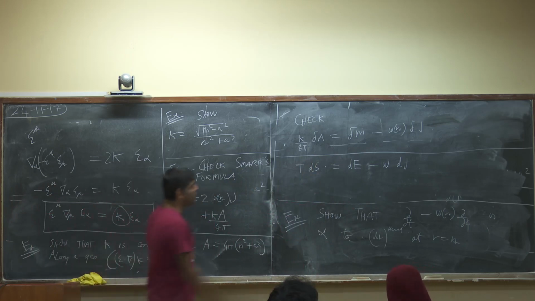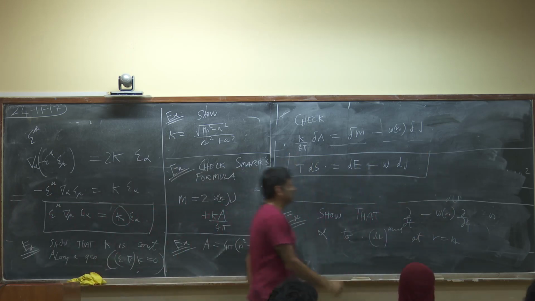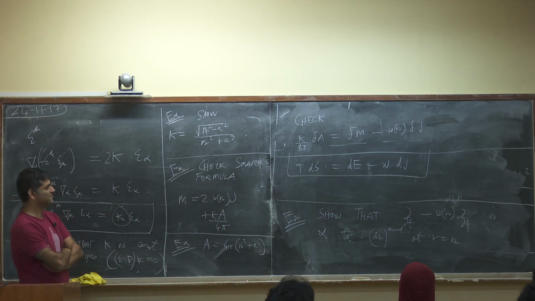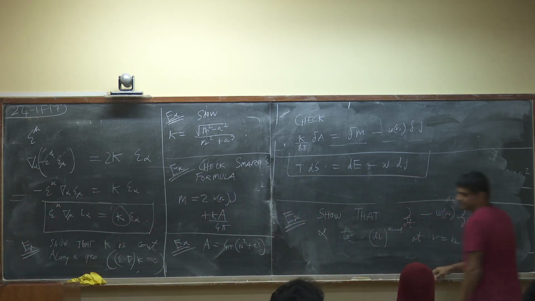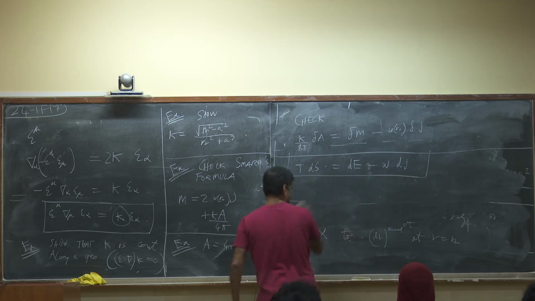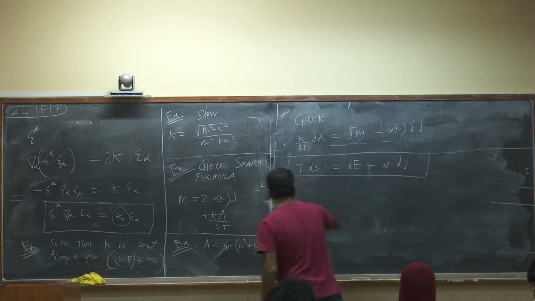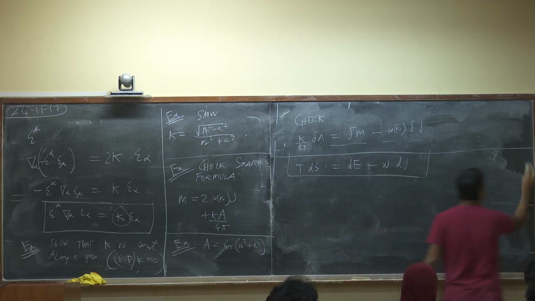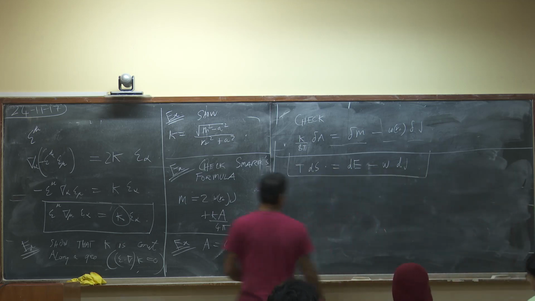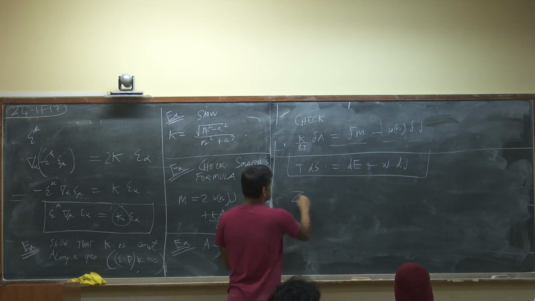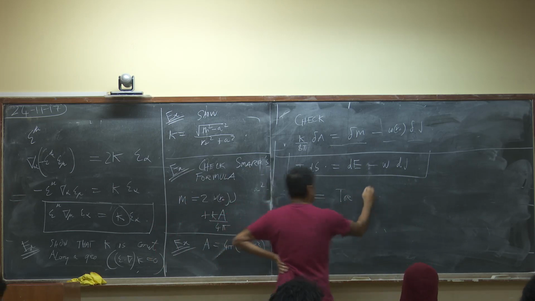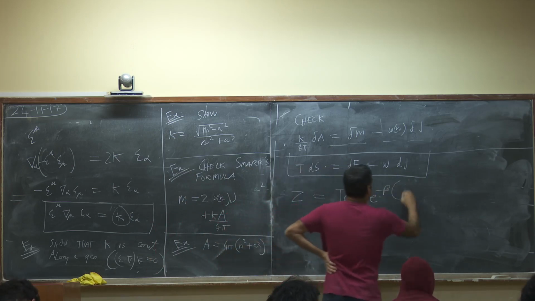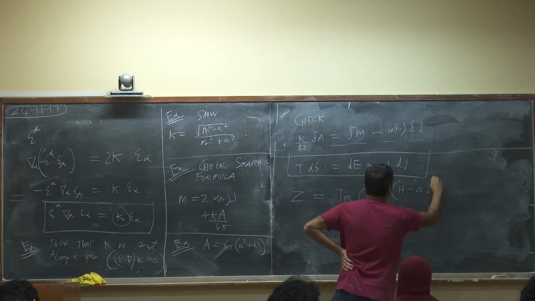This is a relationship from thermodynamics. Consider, let's say, a quantum system, such that you define the partition function of that system to be the trace of e to the power minus beta (H minus omega J).